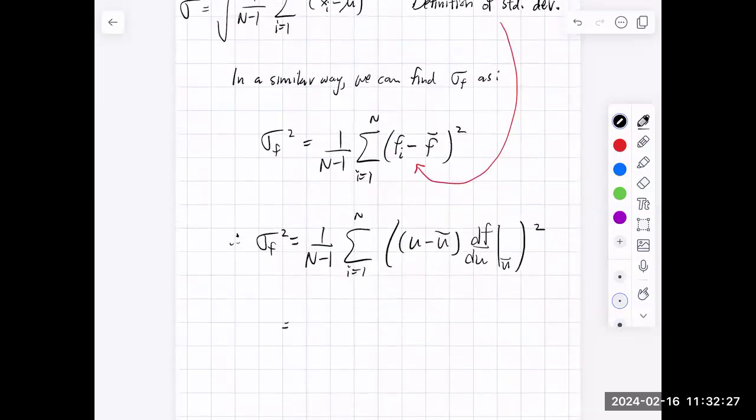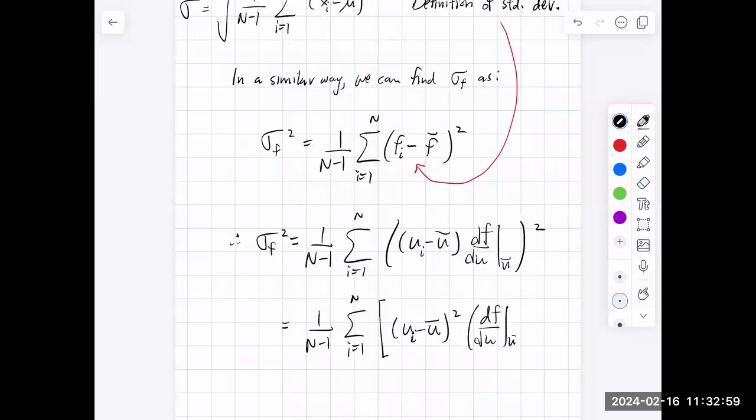So this is 1 over n minus 1, the sum of i equals 1 to n. All we have is two factors here, so we can just square them individually. So this would be U minus U bar squared. I should have a little subscript i here, because we've done a whole bunch of trials. And then we'd have our df du at U bar squared, like so.